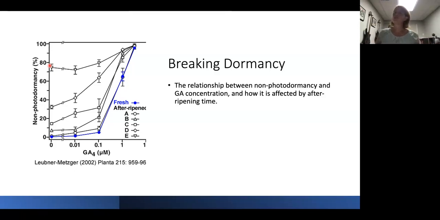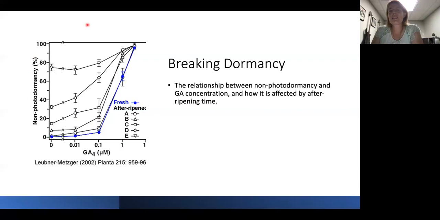So they're still growing, they're just doing it in a really slow and invisible type of fashion because we don't see it. But we can overcome at least some of this, or we actually can completely overcome this after ripening time period requirement by adding enough gibberellic acid, because gibberellic acid stimulates all those processes that mobilize the endosperm so that it provides the resources for the embryo to grow.